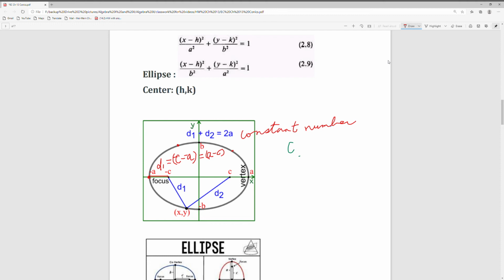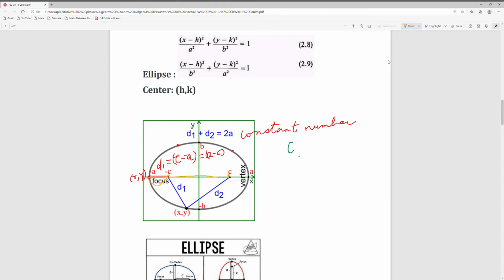And how about d2? For the same point x, y, the distance, let me change color to some special color. From here to the other focus, what's the distance?